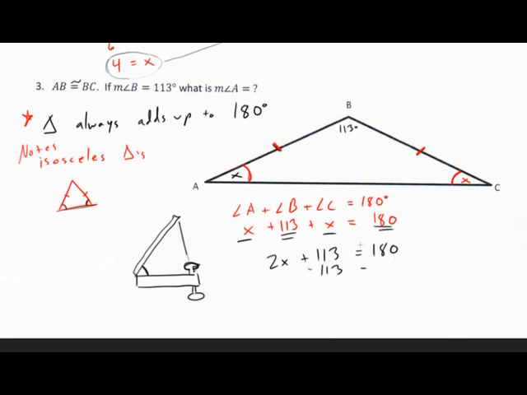Okay, so subtract 113, both sides. It's going to be 7, 10, 7. 7 minus 1 is 6, and 1 minus 1 is 0. So 67, 2x divided by 2, divided by 2. x is equal to, if it was 66, it would be 33.